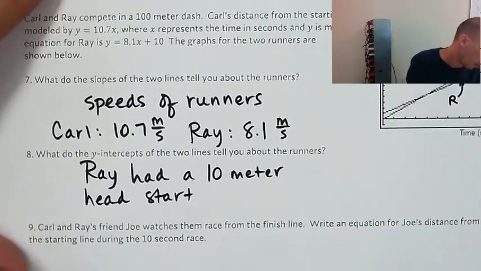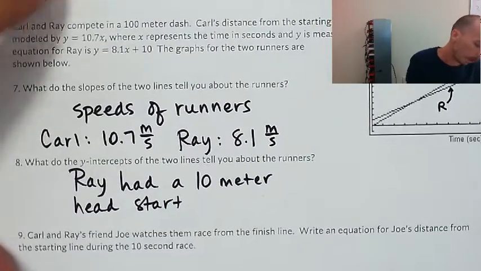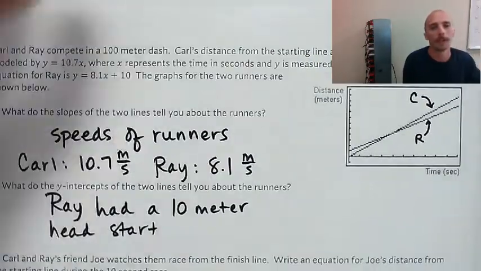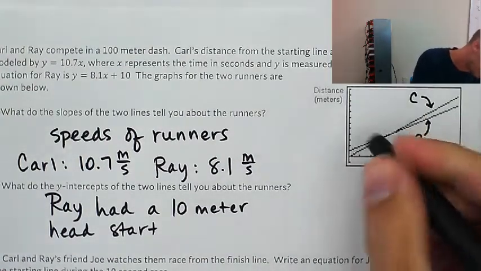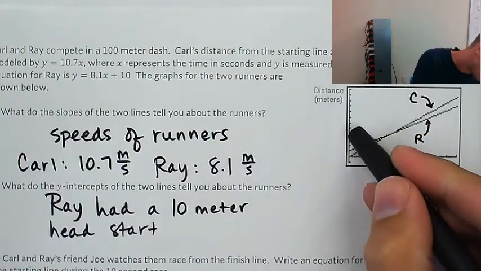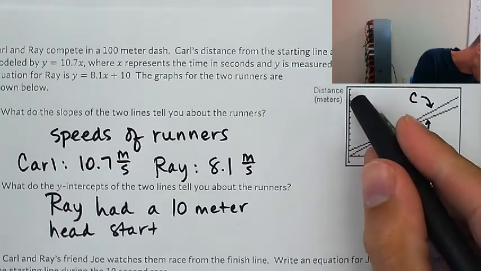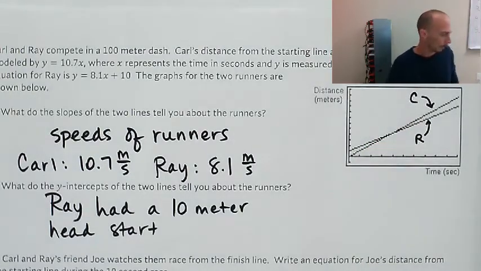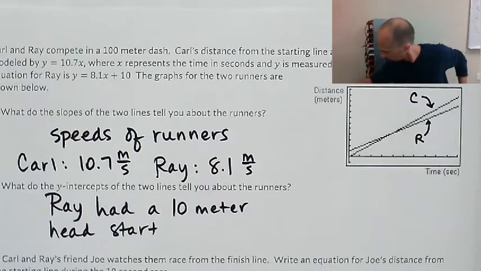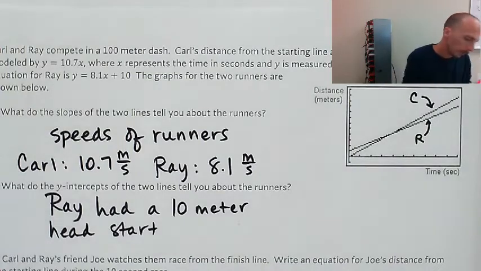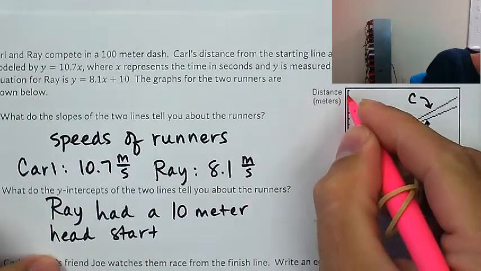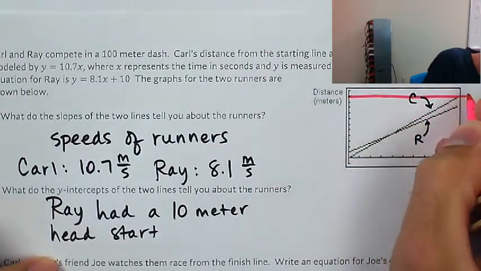Okay, Carl and Ray's friend Joe watches them race from the finish line. This is a question I added myself. Write an equation for Joe's distance from the starting line during the 10-second race. Well, he just sat there the whole time, I think. So it looks like this is going to think that 100 meters is that.